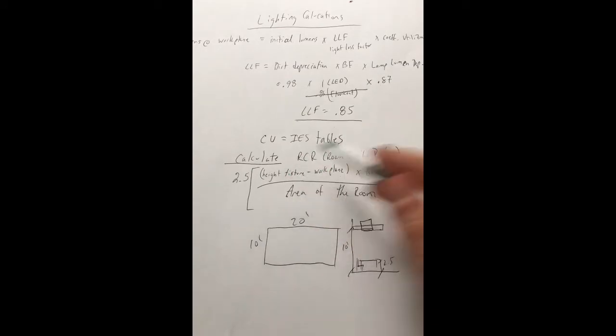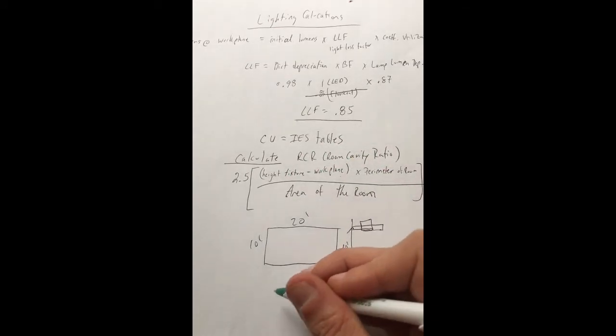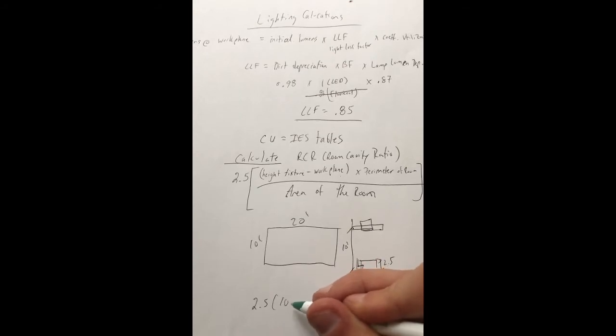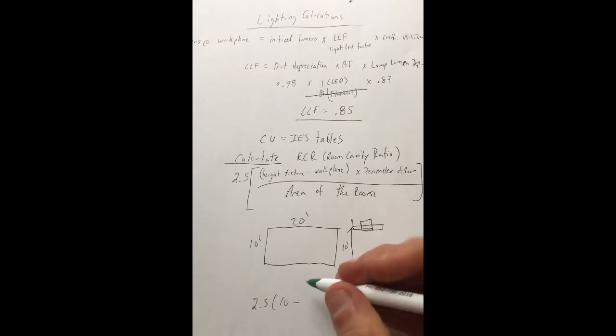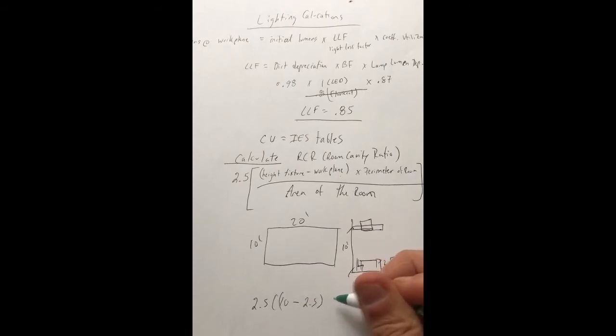So if we look at the height of the fixture minus the height of the workplane, so our ceiling height, it's really 2.5 times our ceiling height, which is 10, minus 2.5, times the perimeter. So perimeter is 20 plus 20 plus 10 plus 10, right? 20, 20, 10, 10.